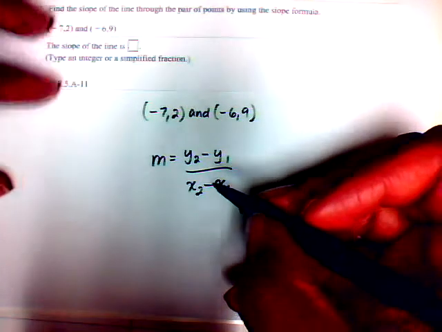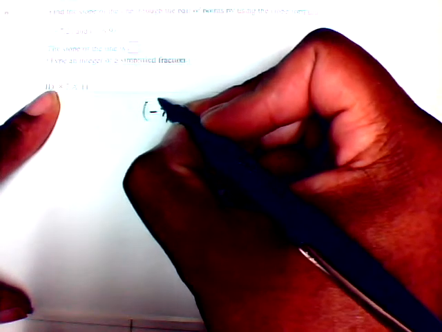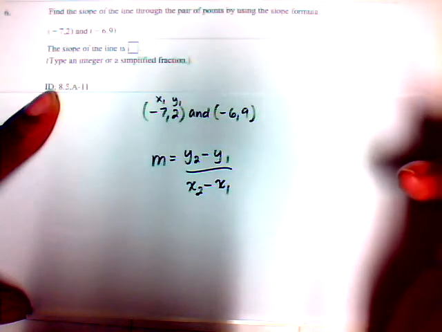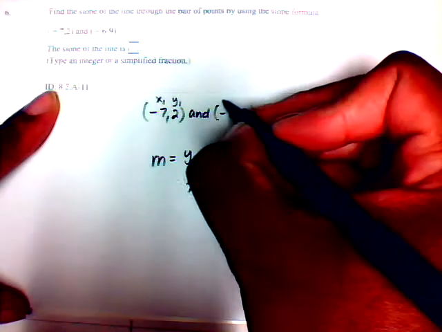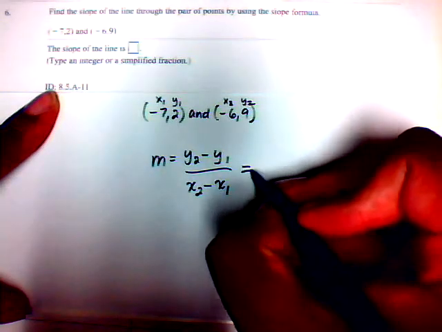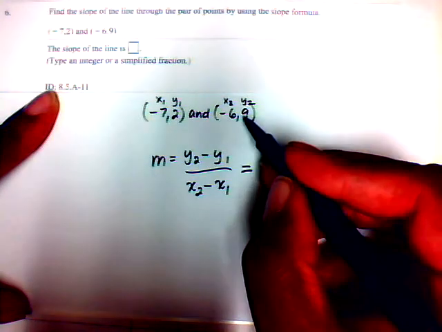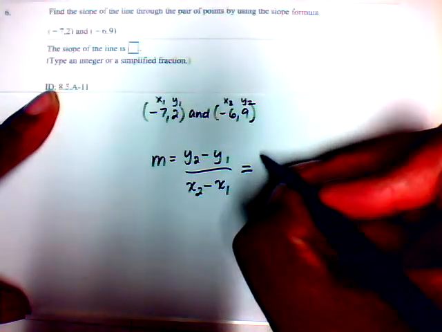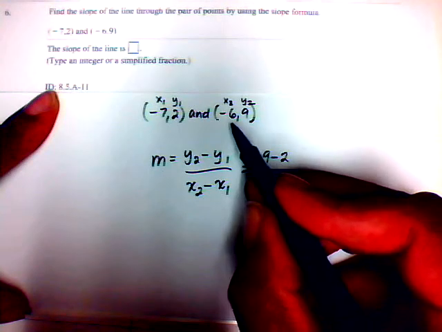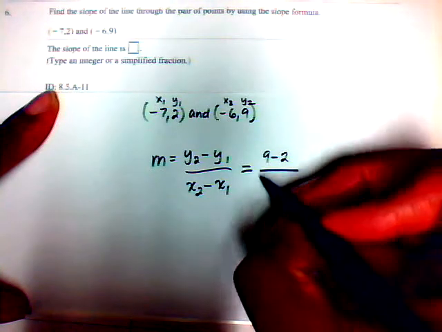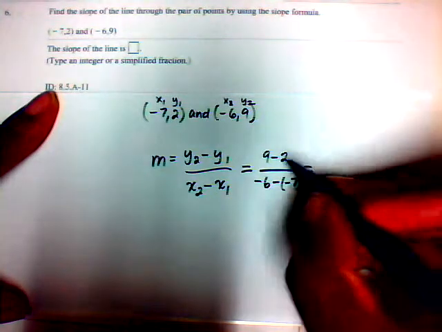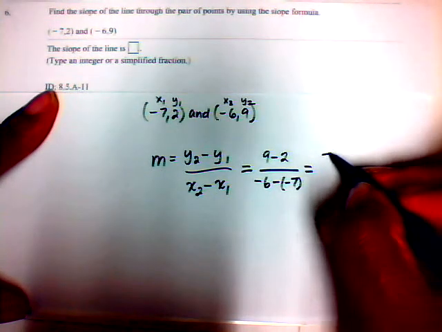Let's look at how this is done. The first point is (-7, 2), so x1 is negative 7 and y1 is 2. The second point is (-6, 9), so x2 is negative 6 and y2 is 9. Now y2 minus y1 is 9 minus 2, divided by x2 minus x1, negative 6 minus negative 7. 9 minus 2 is 7.